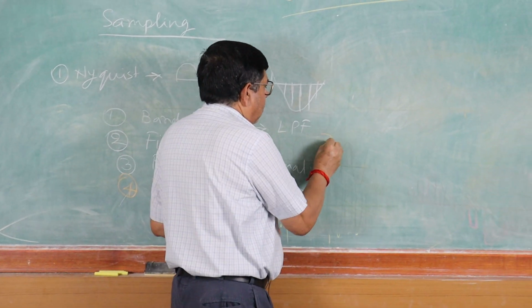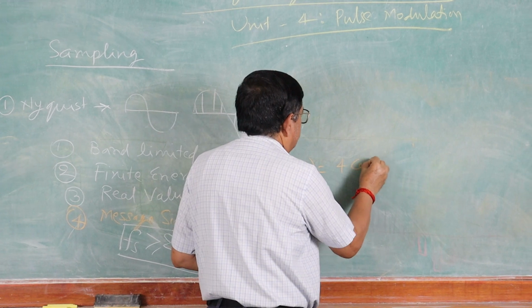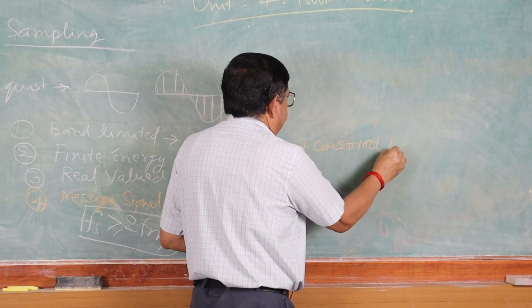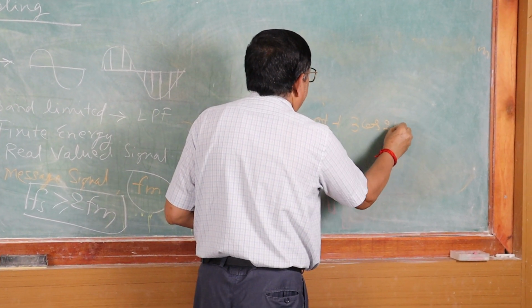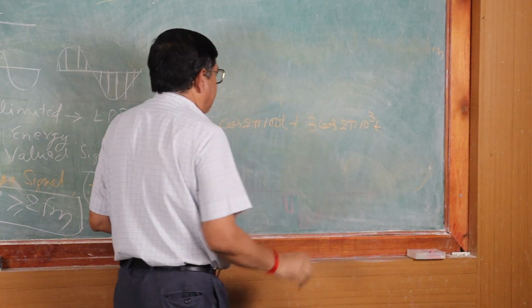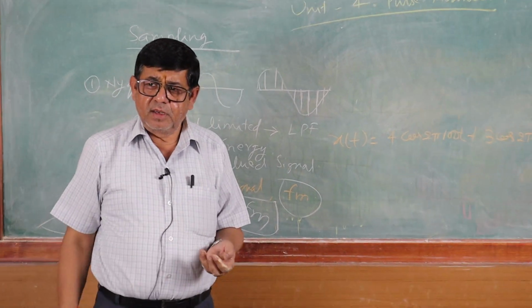Just I will give one example. Let us say one signal x(t) is given by 4 cos 2 pi 100t plus 3 cos 2 pi 1k t, that is 10 to the power 3 t. So in which, what is the maximum frequency available?